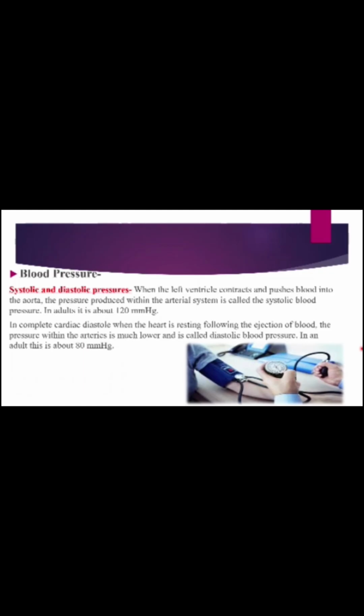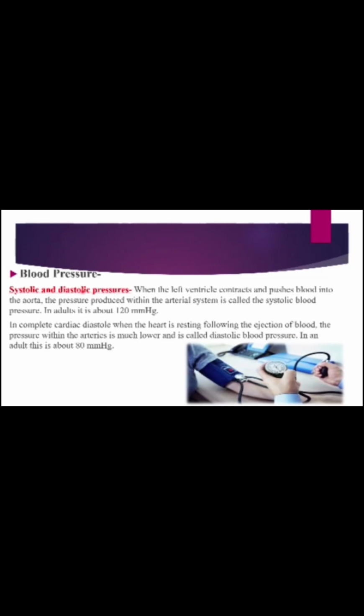The most important thing related to hypertension is blood pressure. Blood pressure is the force or pressure that the blood exerts on the walls of the blood vessels. There are two types of blood pressure: systolic blood pressure and diastolic blood pressure.